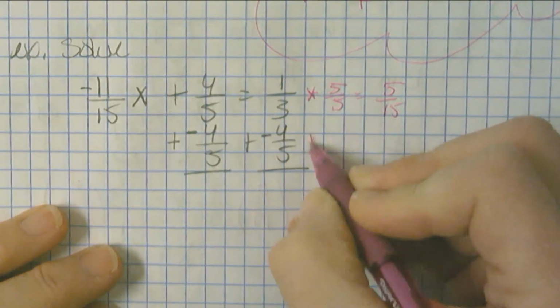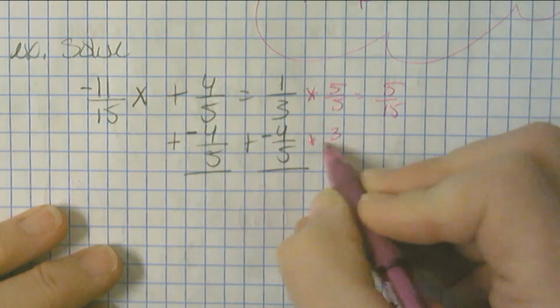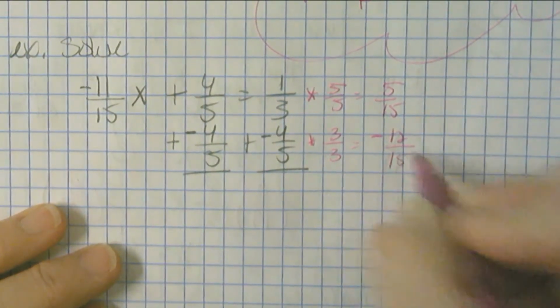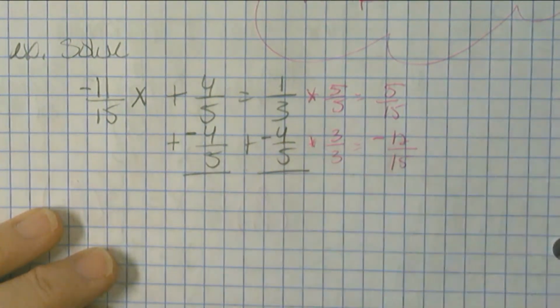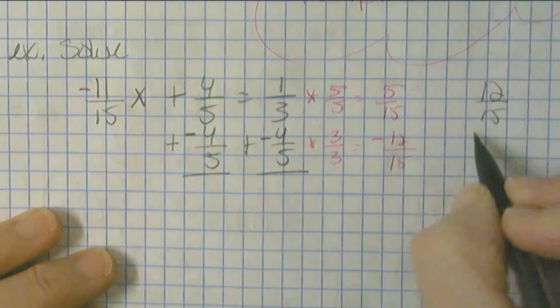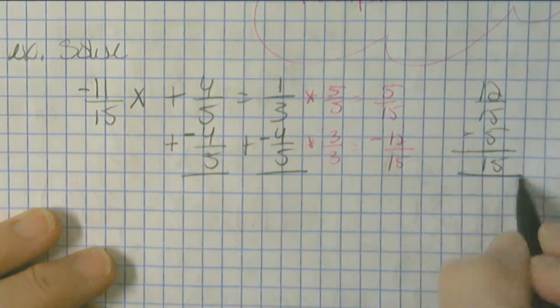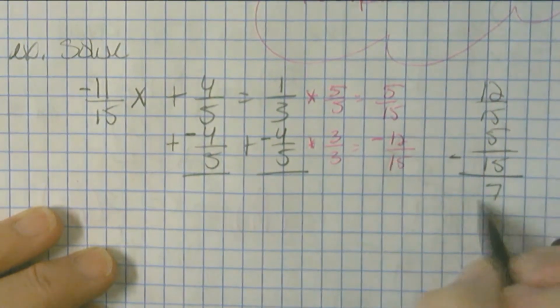I'm going to multiply negative 4/5 by 3/3, and I get negative 12/15ths. This should be 3. All right. So now I have negative 12/15ths plus 5/15ths, and I end up getting negative 7/15ths.